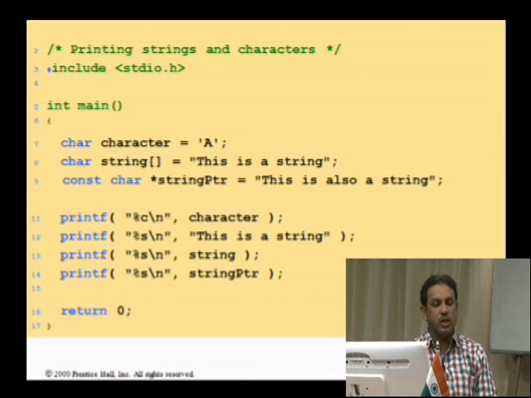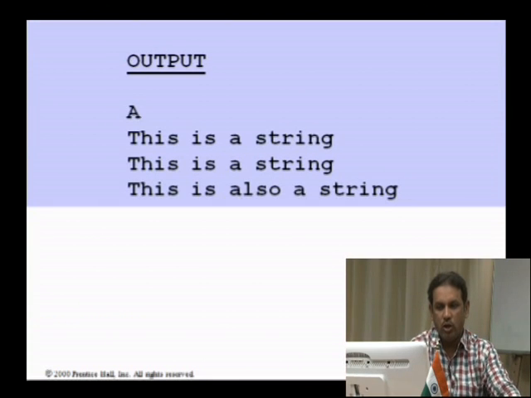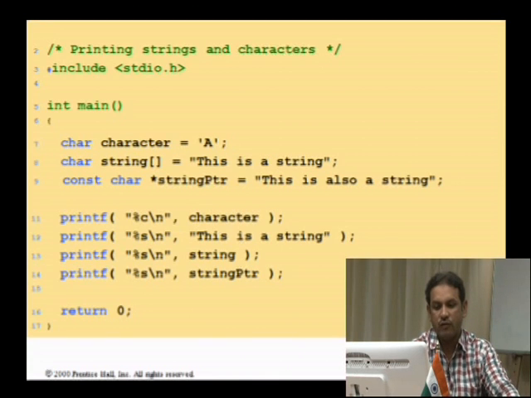Then as you are using a new line character, always, if you don't use the new line character, what's happening is all your output will be in a single line. As you are seeing here, the output is occurring on each new line. Why? Because of the new line character.